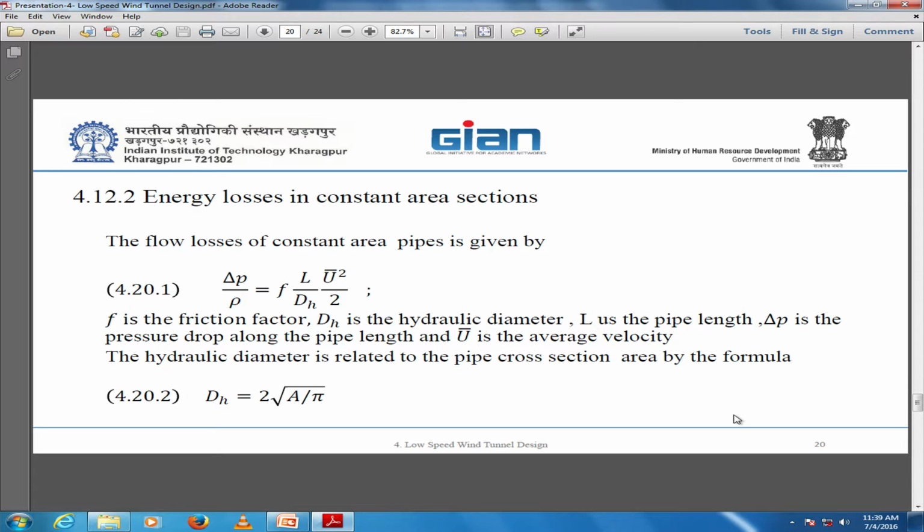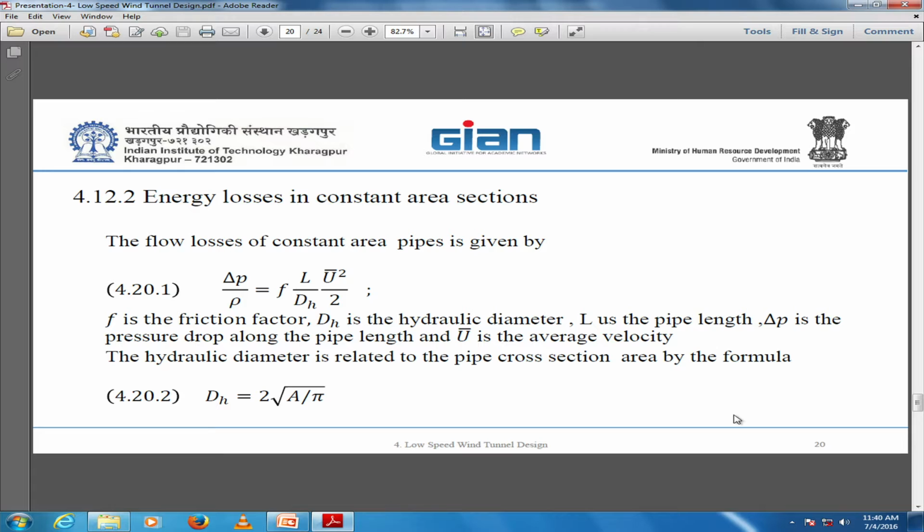Friction factor is given in Moody's plots for pipes. And instead of going and finding the points from the graph, you can use this formula, which is iterative.